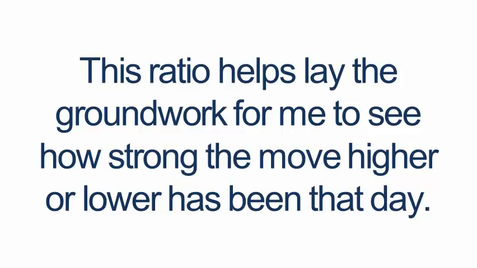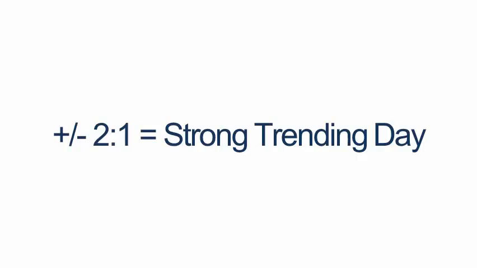In that case, we want to see at least a negative 2 to 1 volume ratio, meaning 2 times the amount of volume is going into stocks moving lower on the session versus volume going into stocks moving higher. This ratio helps lay the groundwork to see how strong the move higher or lower has been that day. Typically, if we see a volume ratio of plus or minus 2 to 1, that means we're in a strong trending day where it's going to be difficult to get a big reversal.